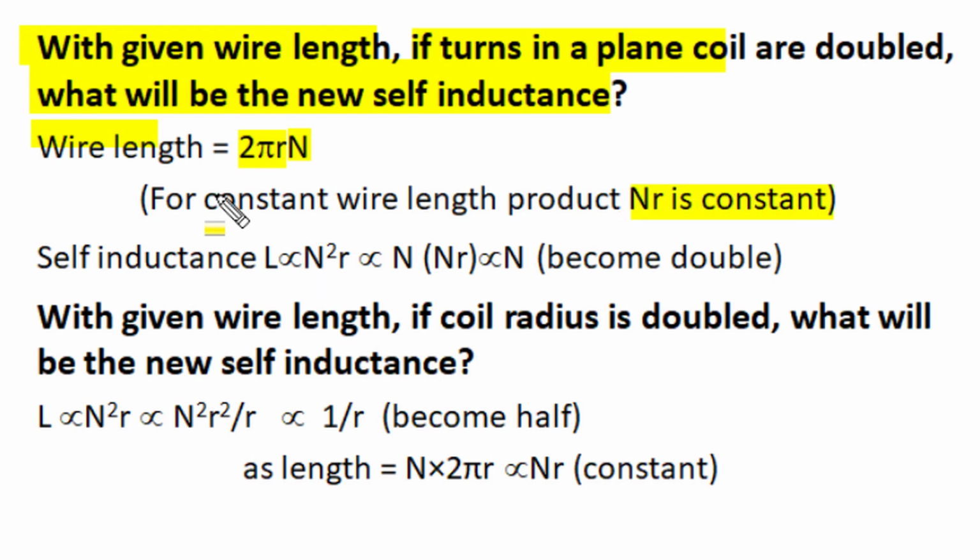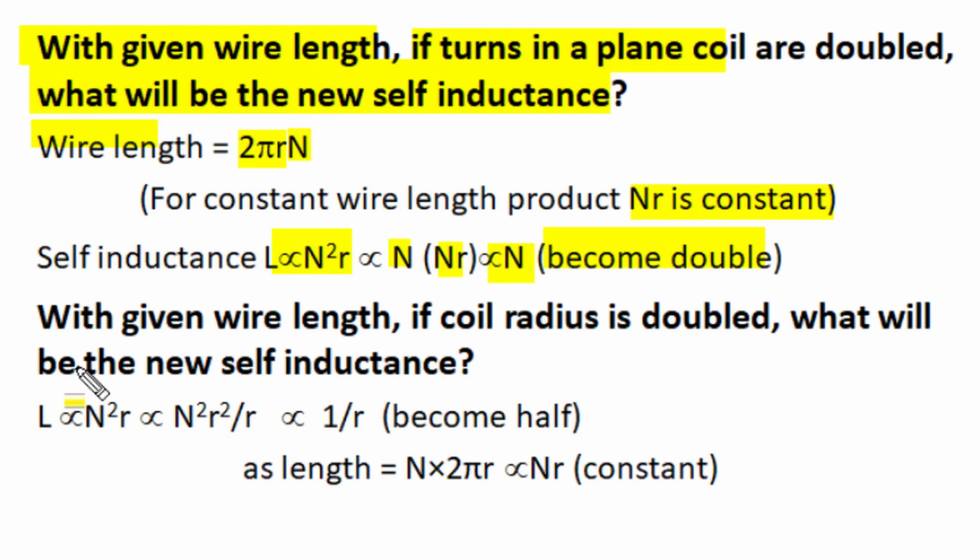So here self-inductance, which is proportional to square of turns multiplied by radius, n square r, this could be written as n r multiplied by n. N r is constant for given wire length, so we can say self-inductance for given wire length is not proportional to square of turns, but it is simply proportional to number of turns, and when number of turns are doubled, self-inductance with given wire length also gets doubled.